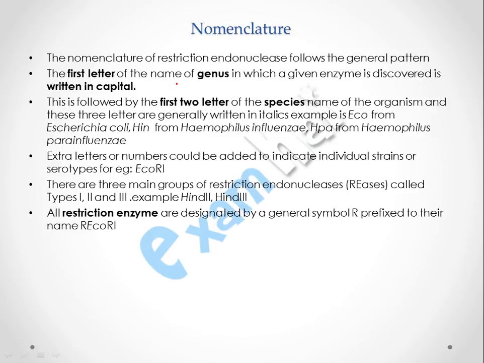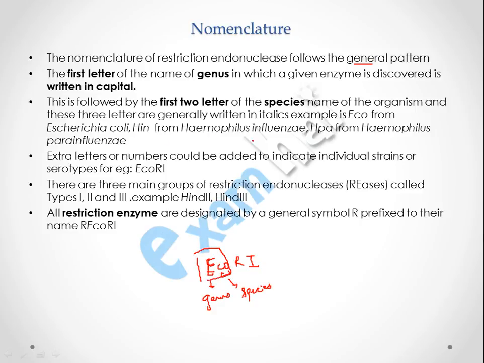Now nomenclature. The nomenclature of restriction endonucleases follows a general pattern. For example, if we take EcoRI, in this E is the genus, co is the species, and these three are written in italic.